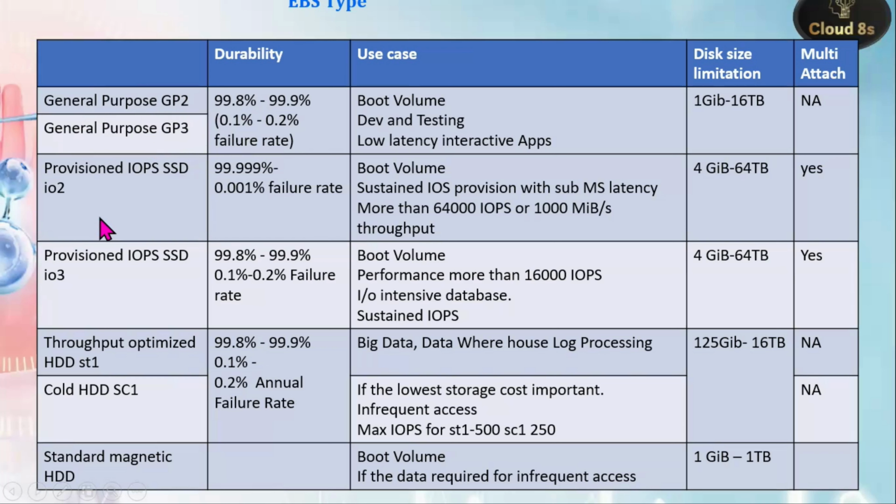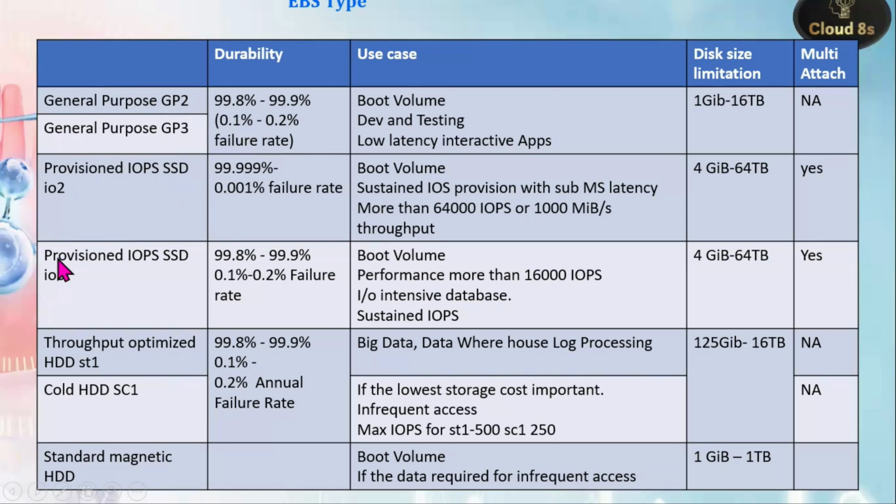Another EBS volume type is Provisioned IOPS, IO2 and IO3. Basically this is based on SSD technology, so they call it Provisioned IOPS SSD. IOPS means input and output operations per second.